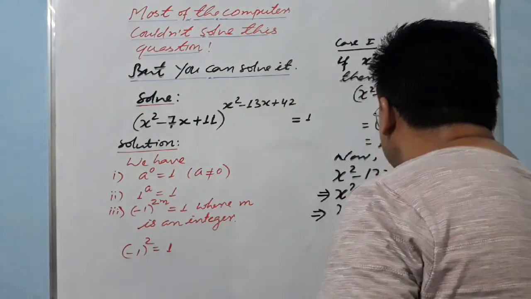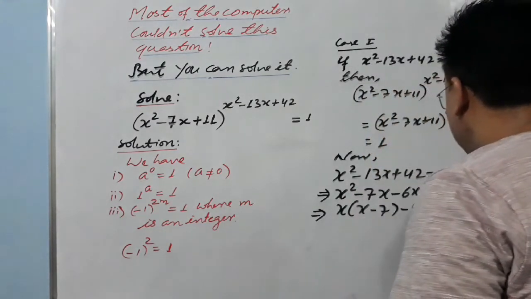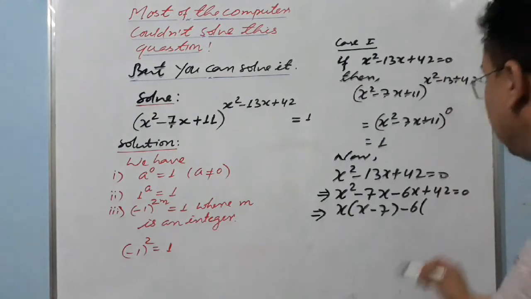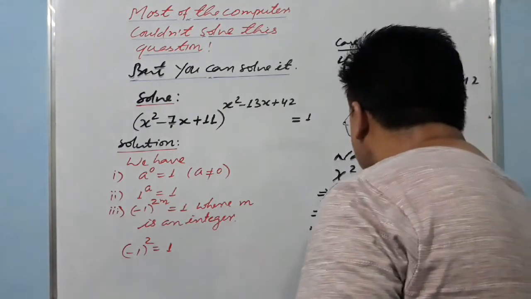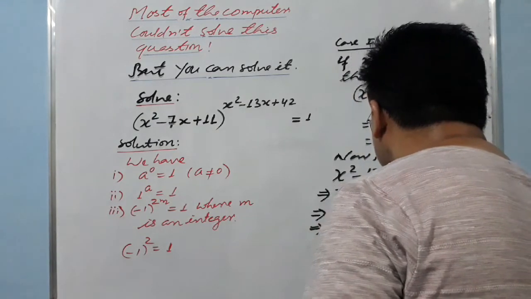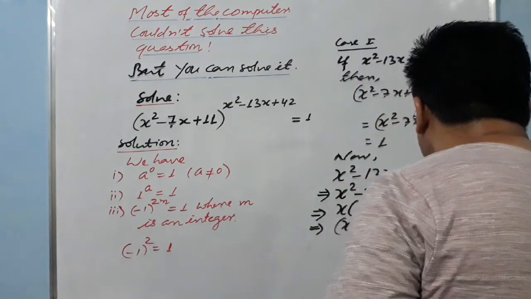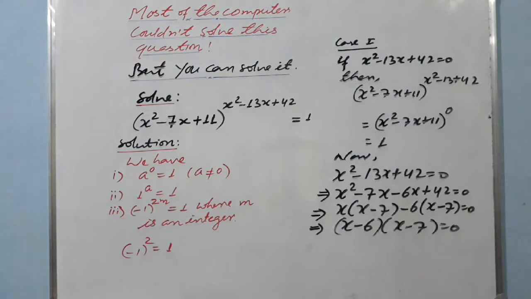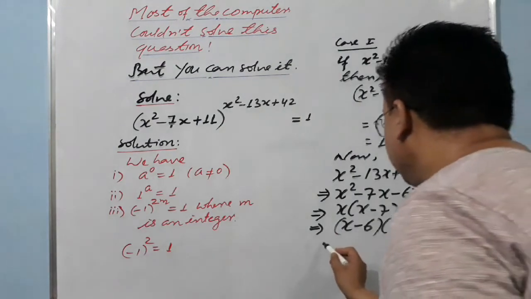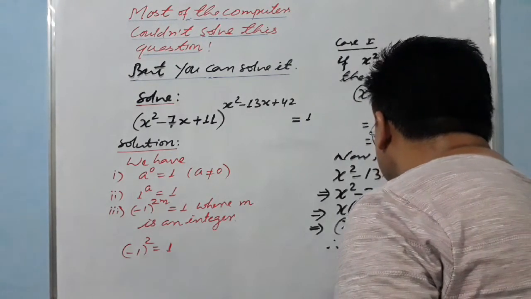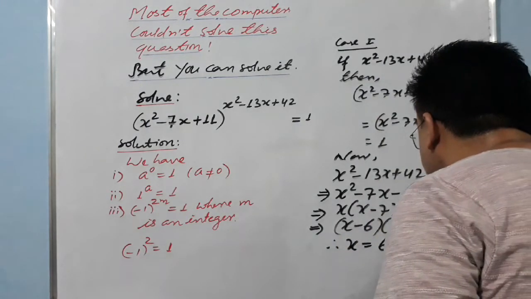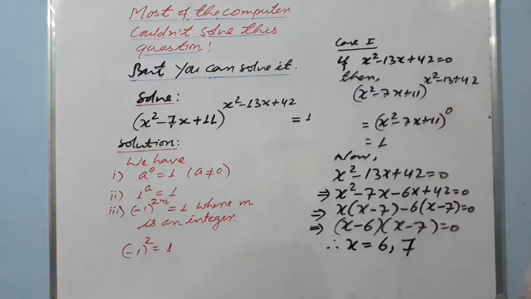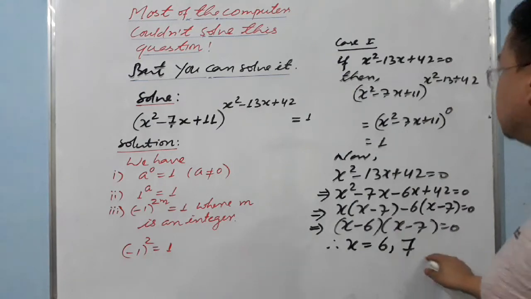Implies x common, x minus 7, minus 6 common, x minus 7 is equal to 0. Implies x minus 6 and x minus 7 is equal to 0. Therefore x is either 6 or 7. So two solutions we got.